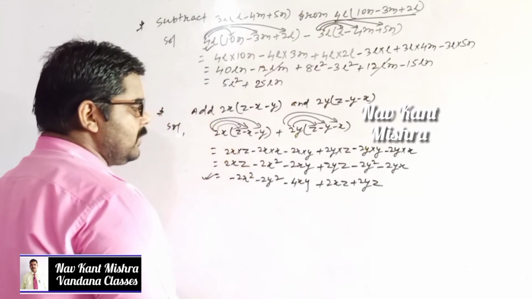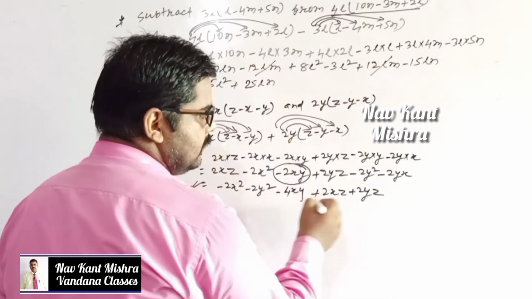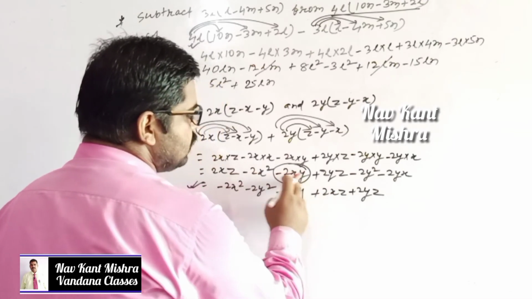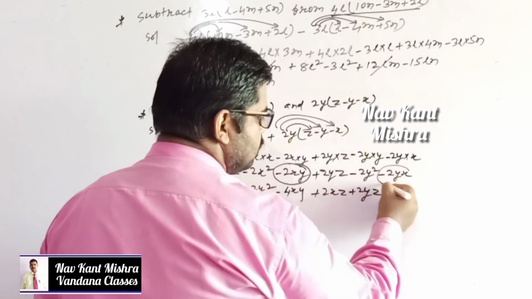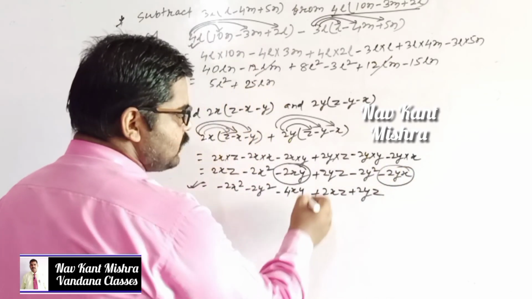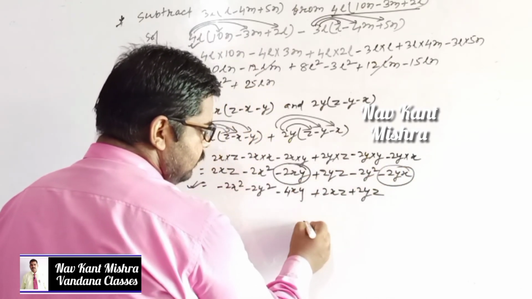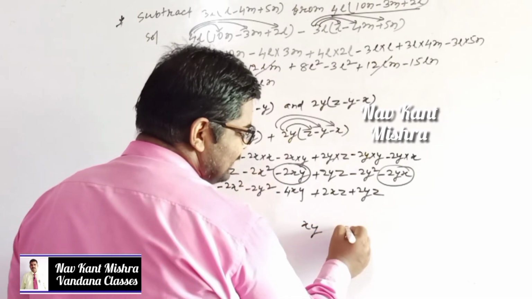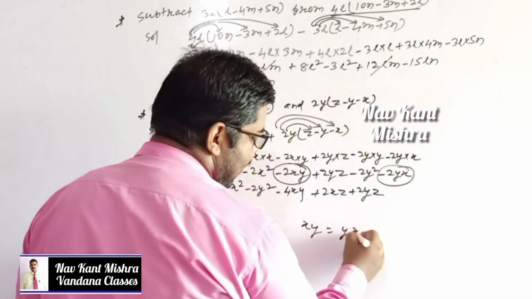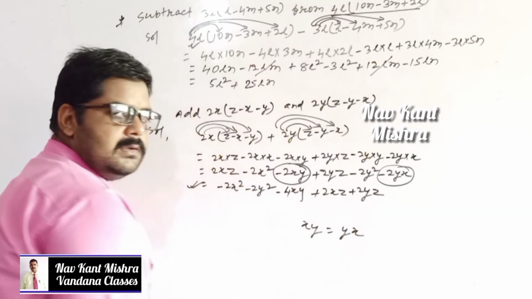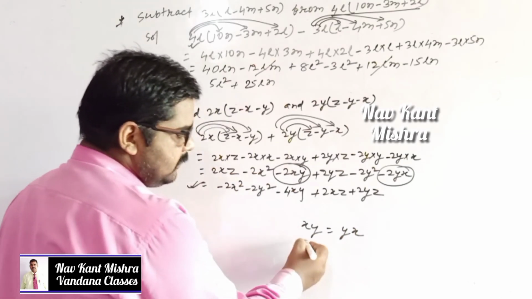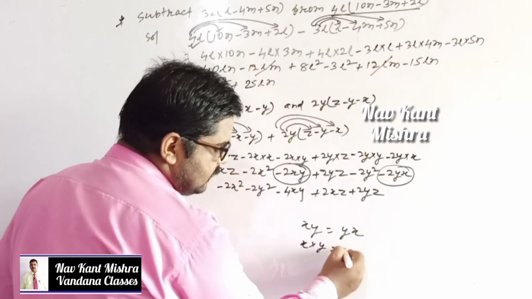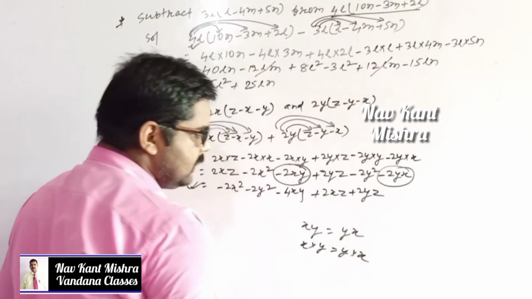One thing I made clear is that here you can just see that minus 2xy and minus 2yx, actually both are similar because xy is equal to yx by the commutative law of multiplication, because x into y is equal to y into x.